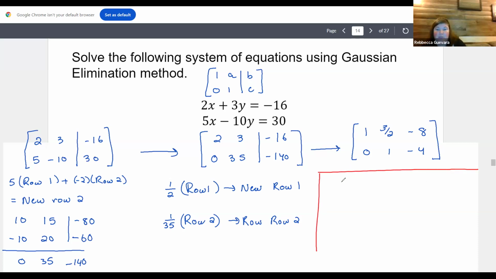So my system is going to be x plus 3/2 y should equal -8. And we have that y will equal -4. That's what the second one tells me. So if I just want x, I'm just going to place in that -4 for my y.